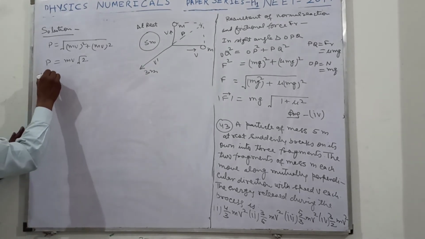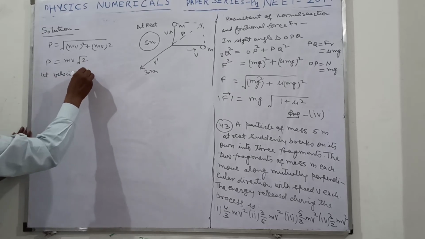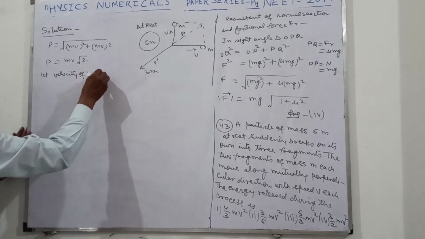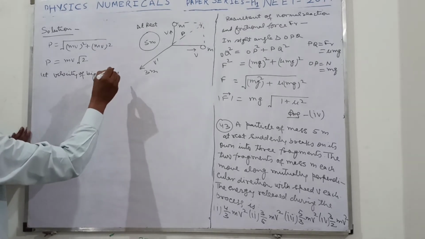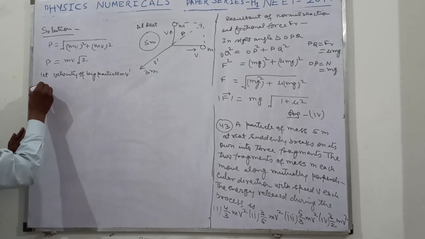Let the velocity of the big particle be v dash. So what do we have?